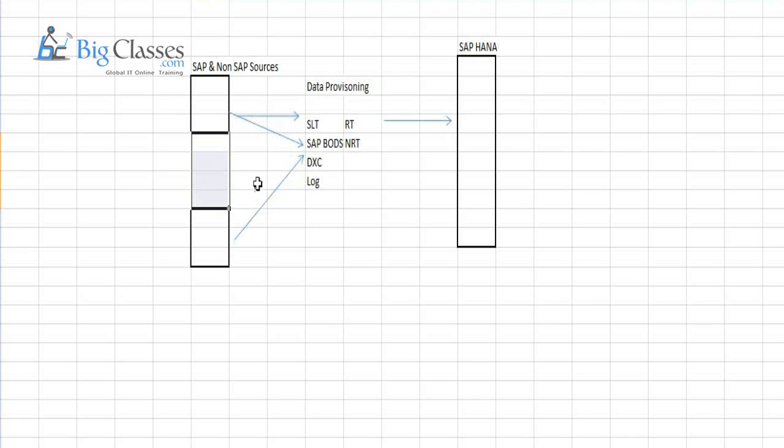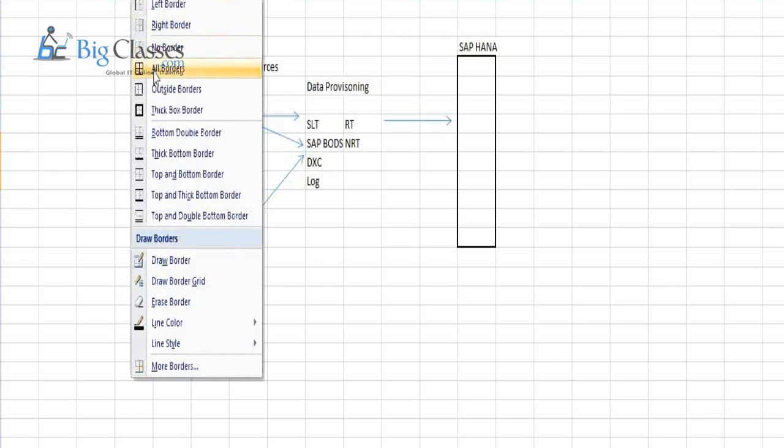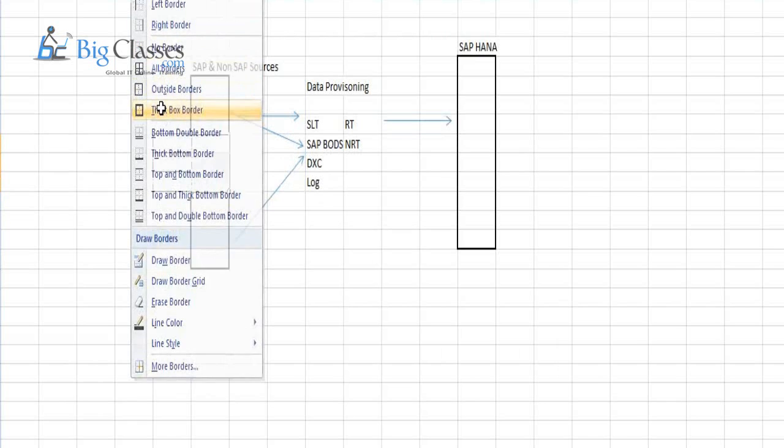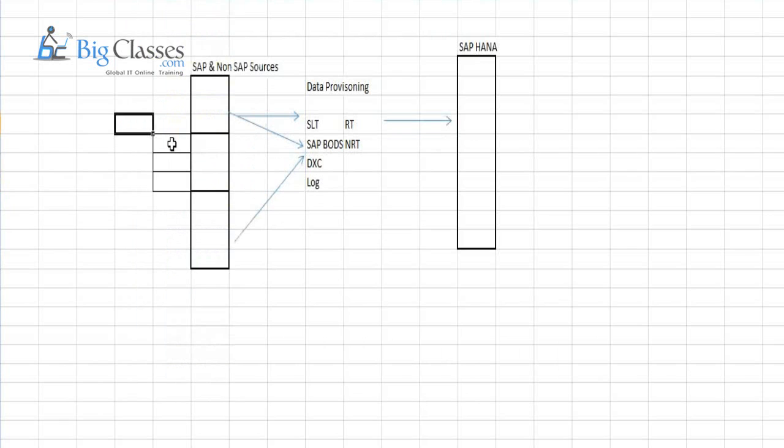Using DXC, instead of getting data from tables, we can pull the data from these communication structures. A communication structure can be a combination of one or two tables. I can pull in the data from these communication structures directly rather than interacting with the tables, and push it to the target system.